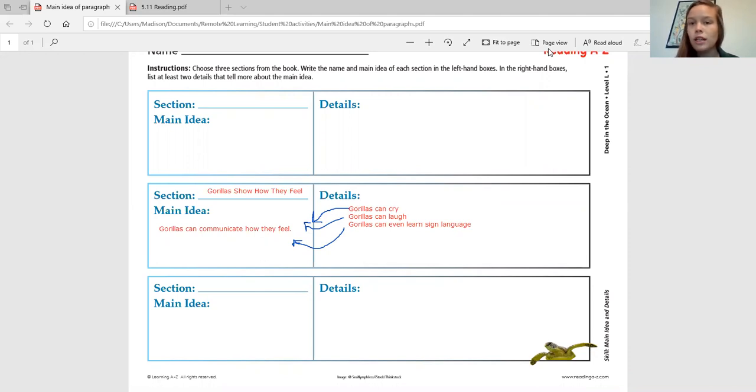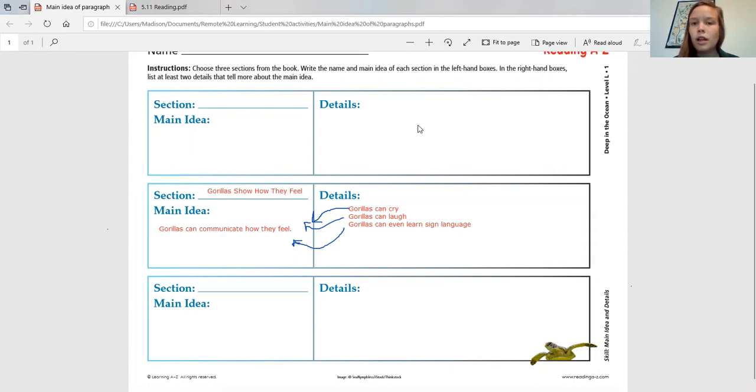This week, you are going to read a story in Reading A to Z called Deep in the Ocean and fill out your own chart like this, with the different section titles, the main idea, and the details about it.